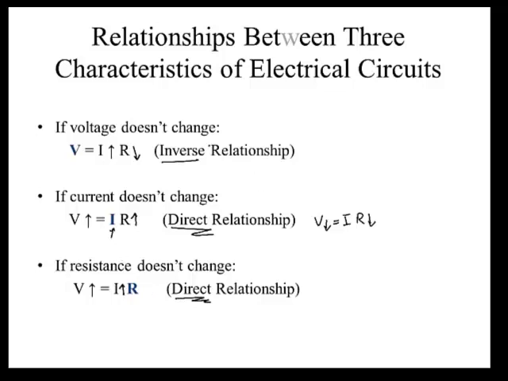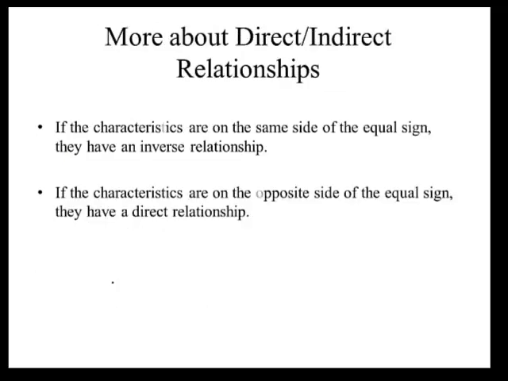If we pay attention to these, can we make some generalities? Let me point out, pay specific attention to the equals sign. If the characteristics are on the same side of the equal sign, then they have an inverse relationship. So voltage stays the same, current and resistance, they have an inverse relationship.